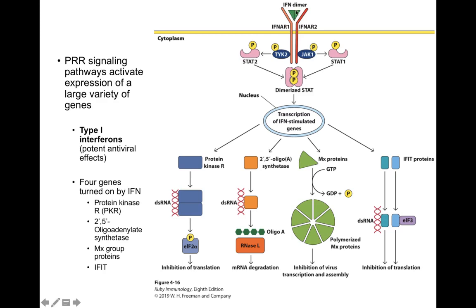And that interferon receptor signals through JAK and STAT activation, and it does a few things that ultimately inhibit viral replication, including inhibiting translation, degrading mRNA, and inhibiting assembly and transcription of virus material. So there are a few ways to basically make it so that a virus can't replicate inside of that host cell.